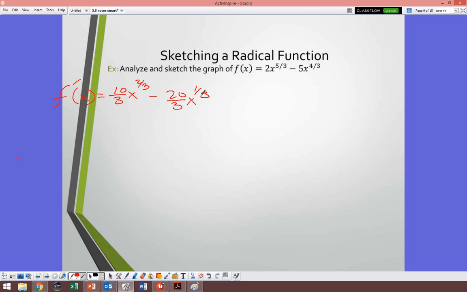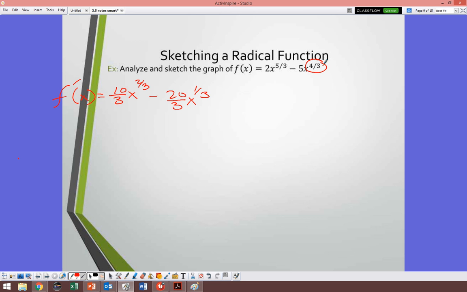With a third root, I'm allowed positives and negatives. With even roots, I'm not allowed that, so that would be a restriction.